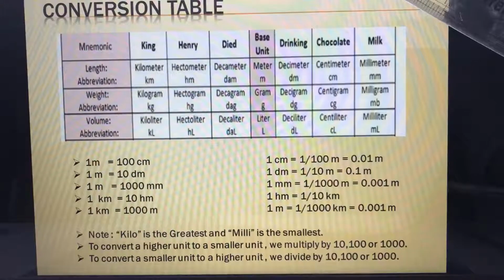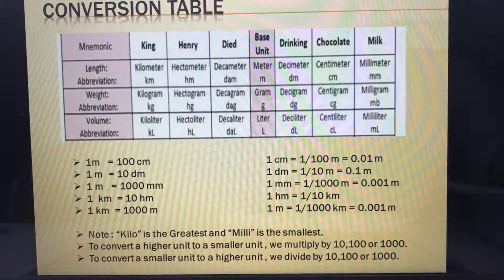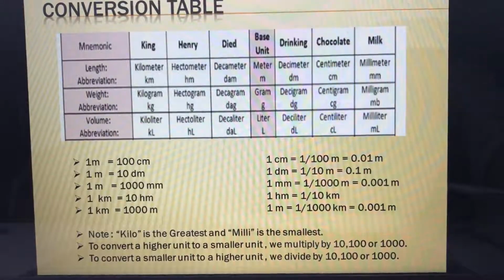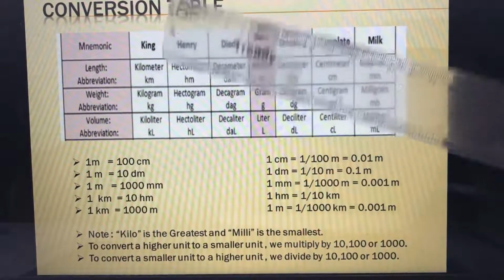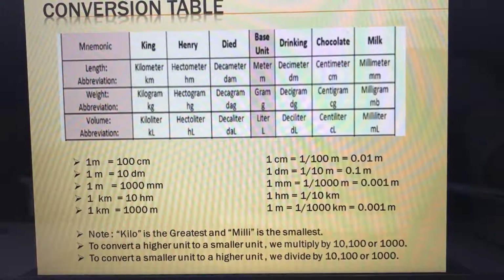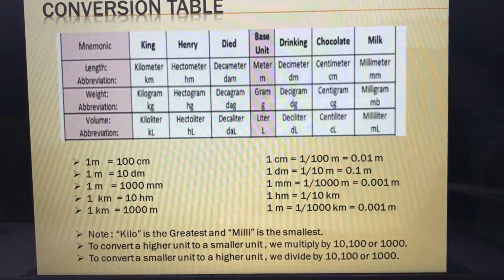And to the left of meter is decameter, DAM, hectometer, HM, and kilometer, KM. These are the abbreviations for the conversion for length.